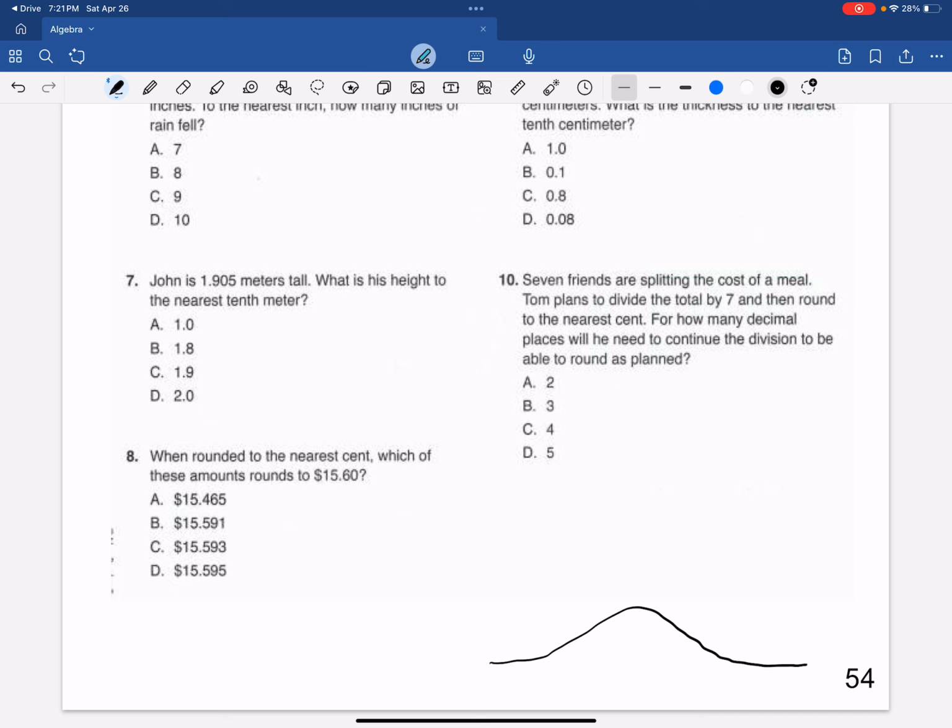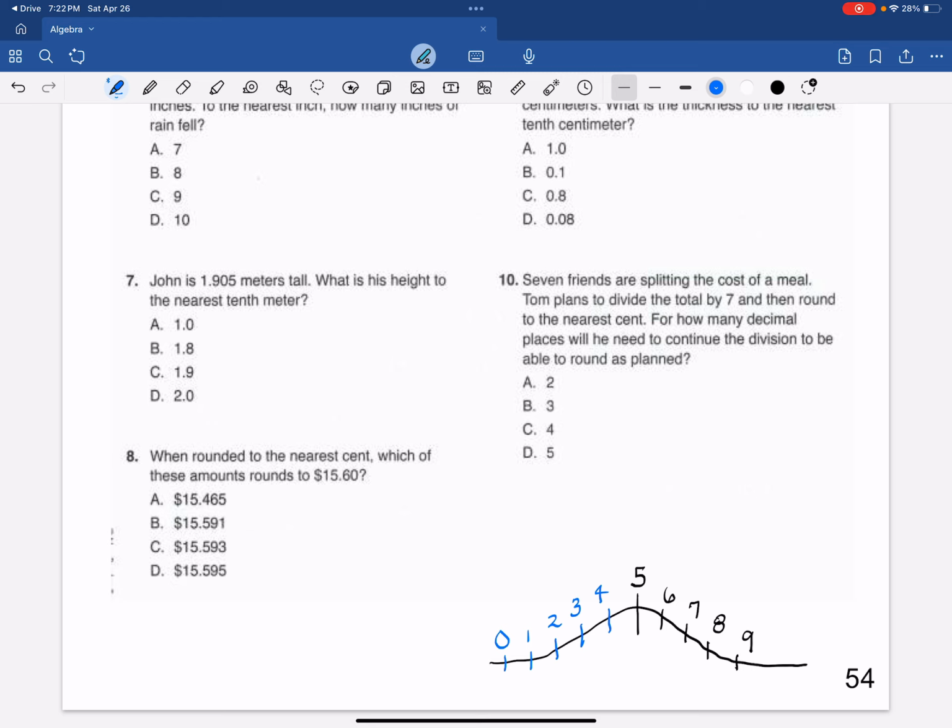And on the top of the hill, put the number 5. And then after 5, you have the numbers up to 9. And below 5, you have 4, 3, 2, 1, and 0.